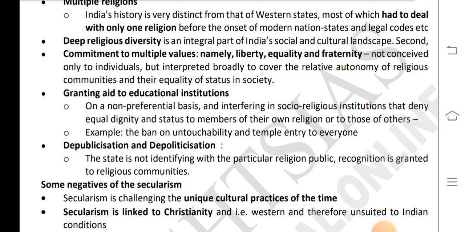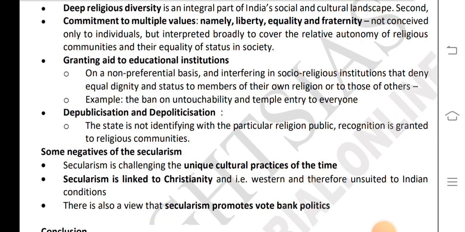And second, a commitment to multiple values, namely liberty, equality and fraternity, and these concepts are not only for individuals but are interpreted broadly to cover the relative autonomy of religious communities and the equality of status in society, granting aid to educational institutions on a non-preferential basis, and interfering in the socio-religious infrastructure that denies equal dignity and status to the members of their own religion or to those of others.